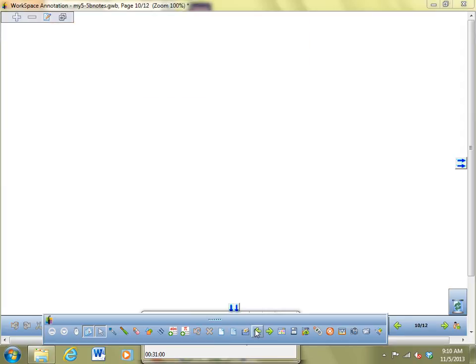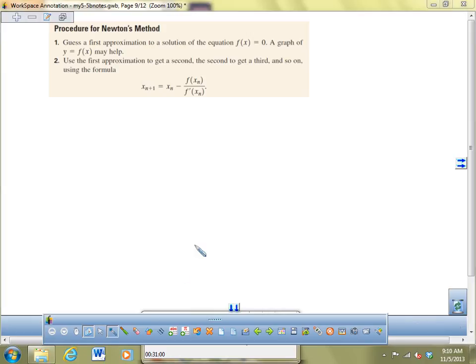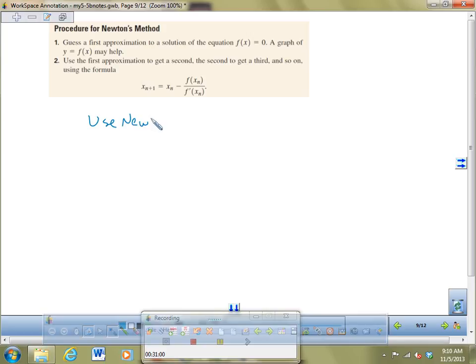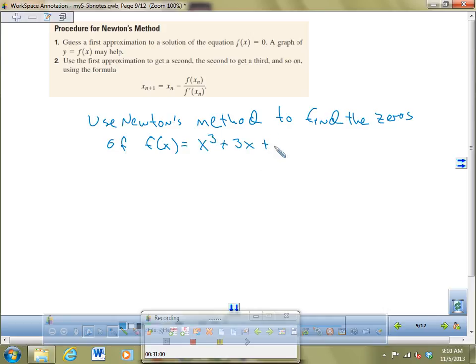Use Newton's method to find the zeros of f of x equals x cubed plus 3x plus 1.